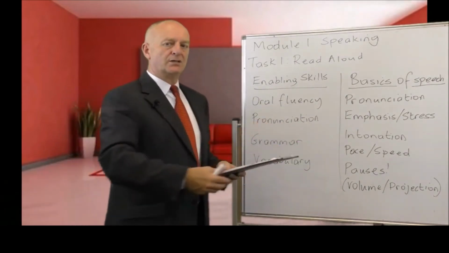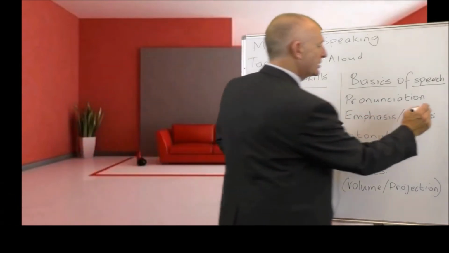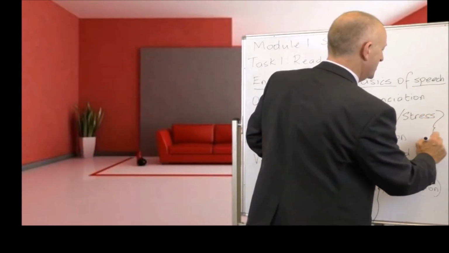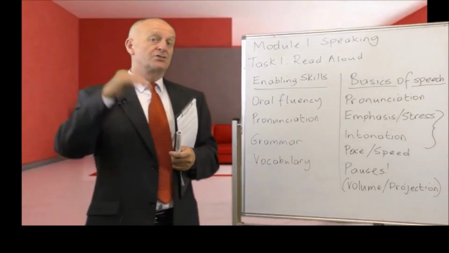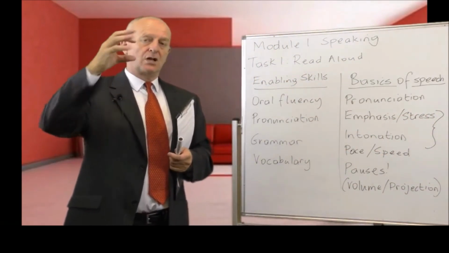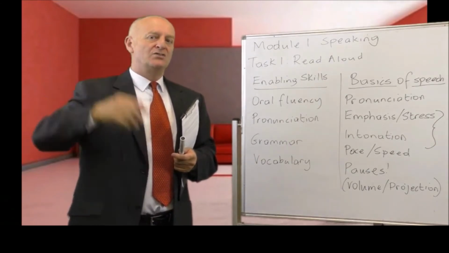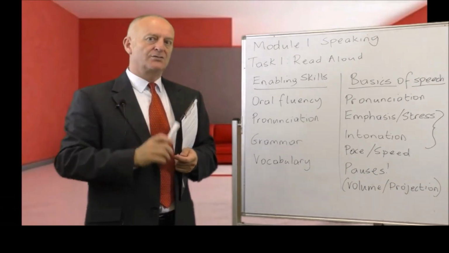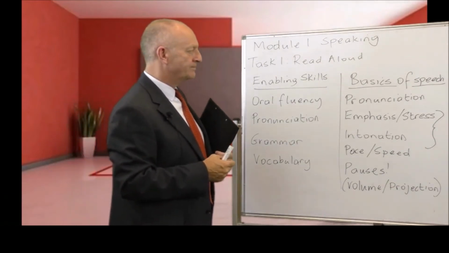Never make it quicker than that. I always recommend to students that you think about these two together, emphasis and stress. So at the start of each sentence, slightly more emphasis, and slightly higher intonation at the start of the sentences. That gets you thinking about those parts of your speech.